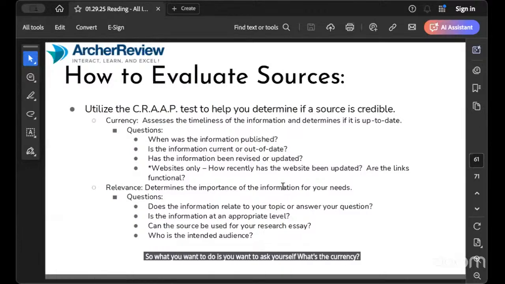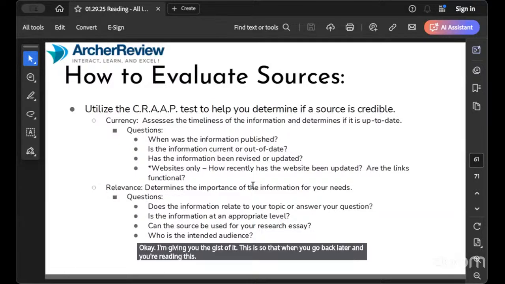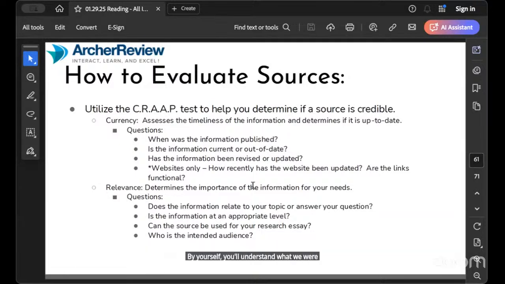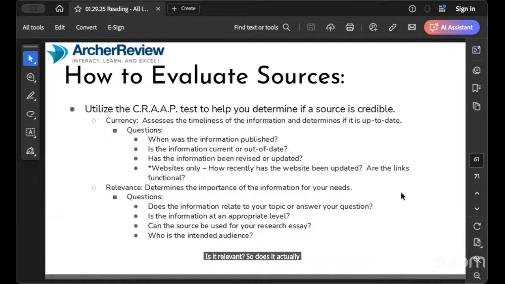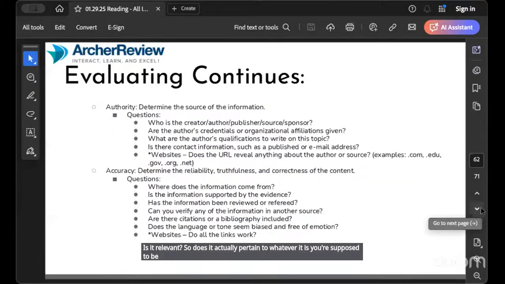Is this information up to date? Now I'm not going to read all this to you. I'm giving you the gist of it. This is so that when you go back later and you're reading this by yourself, you'll understand what we were talking about. So this is reflection material, but is it up to date? So is it current? Is it relevant? So does it actually pertain to whatever it is you're supposed to be finding information for?